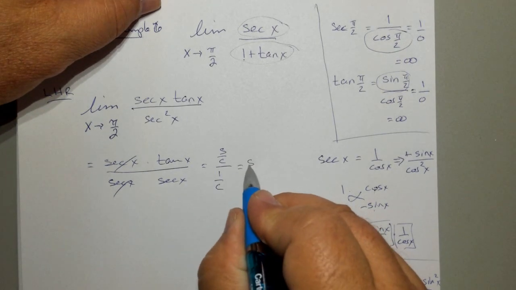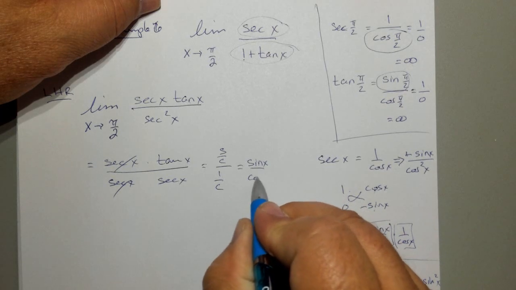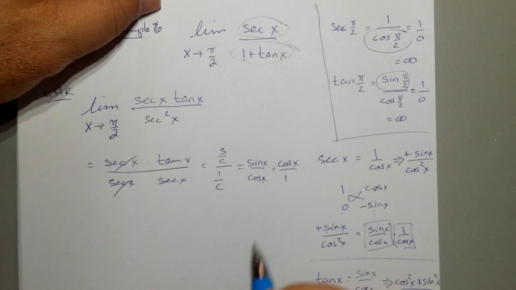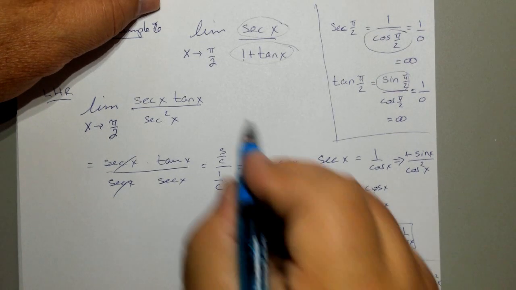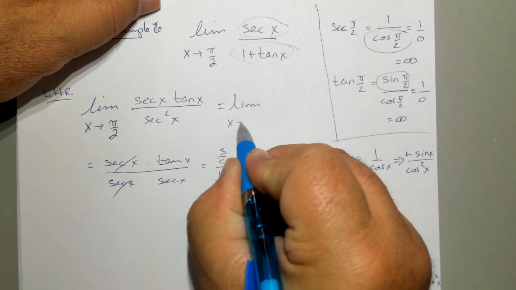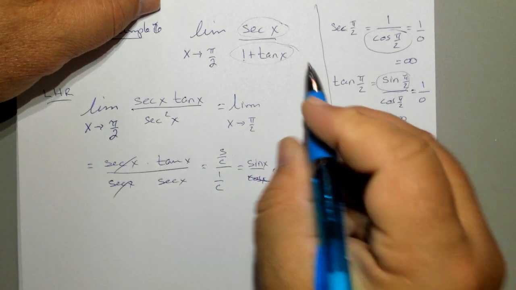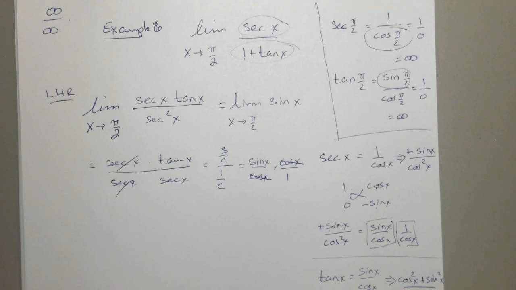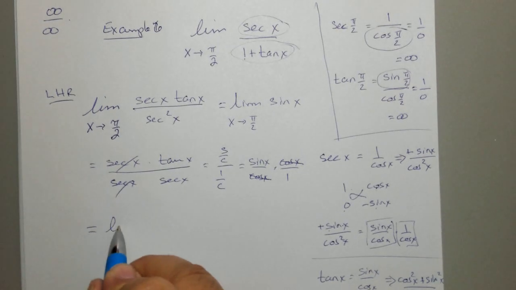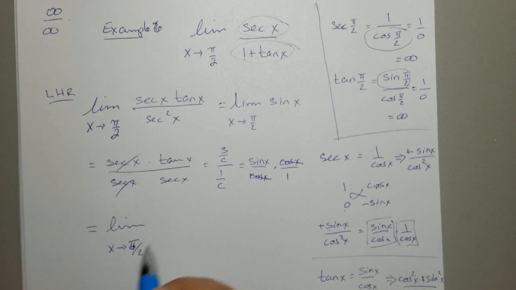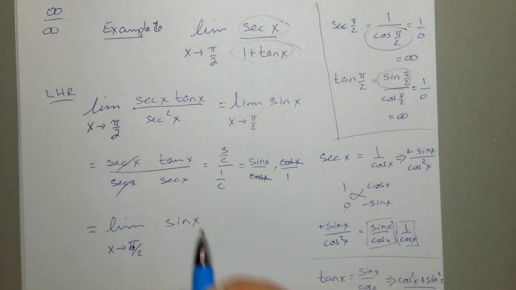Take the top one, so it's sine over cosine times the flip of the bottom. So we're left with just sine x. So this thing becomes the limit as x approaches pi over 2 of sine x.